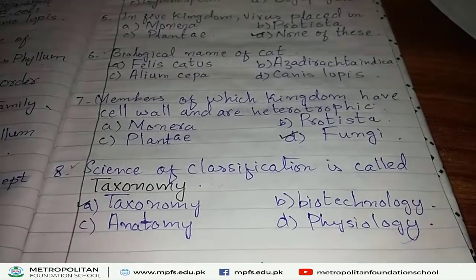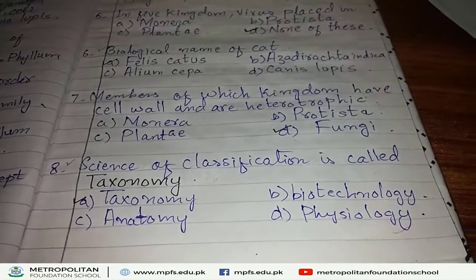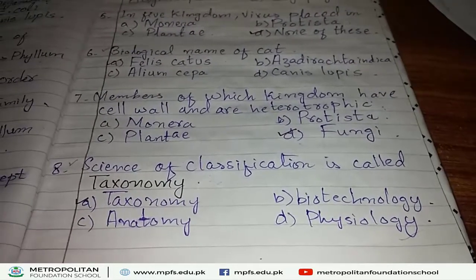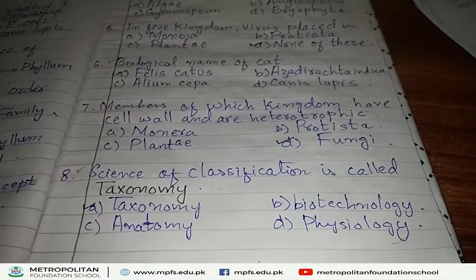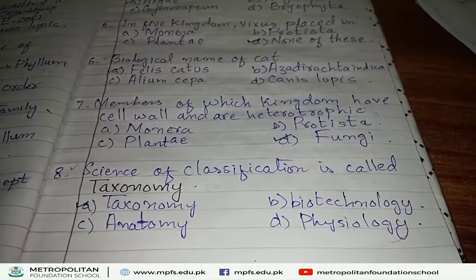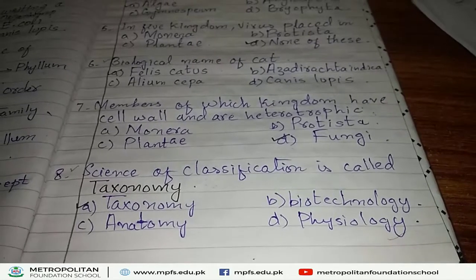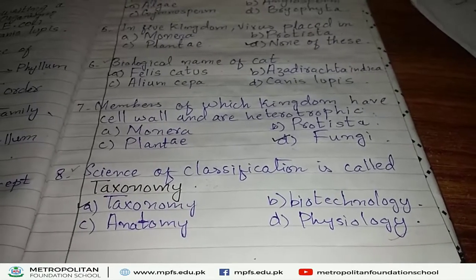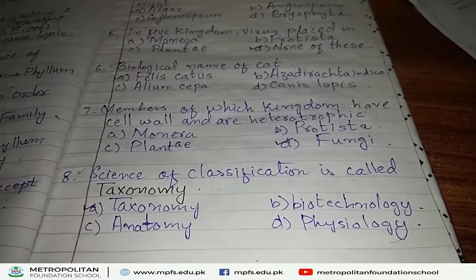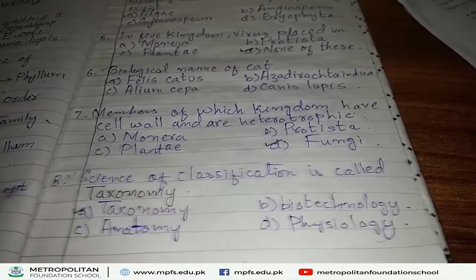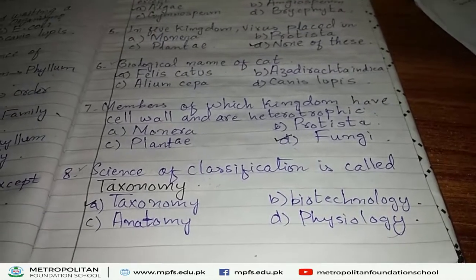It is called the science of classification. Why is it called the science of classification? Because in the branch of taxonomy, we classify organisms on the basis of similar and dissimilar characteristics into different groups and subgroups. That's why taxonomy is called the science of classification.